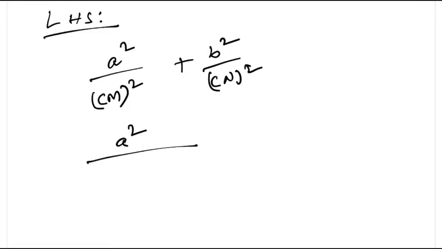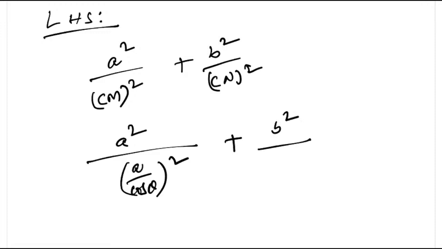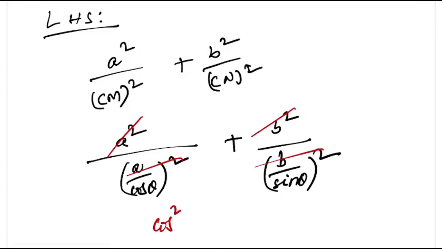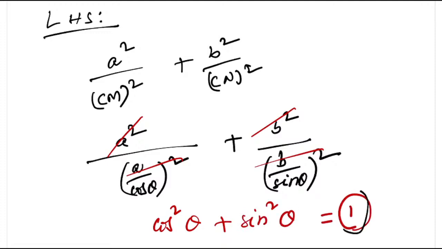Can you say? cm is a by cos theta whole square, plus b square by, how much are you getting? b by sin theta whole square. Now a square gone, b square gone, cos square theta plus sin square theta you are getting. That's nothing but 1. I hope all of you got it, my dear. So this is such a beautiful thing.